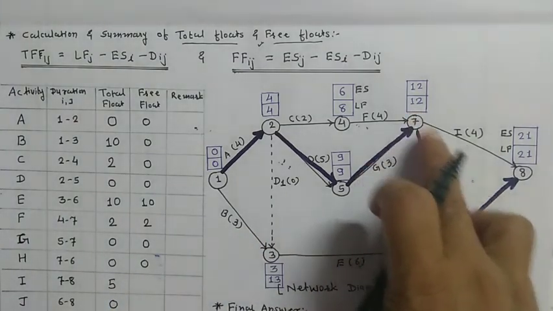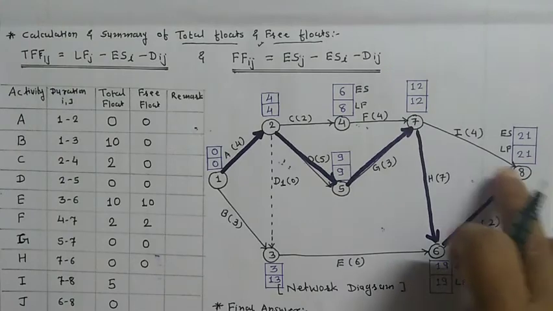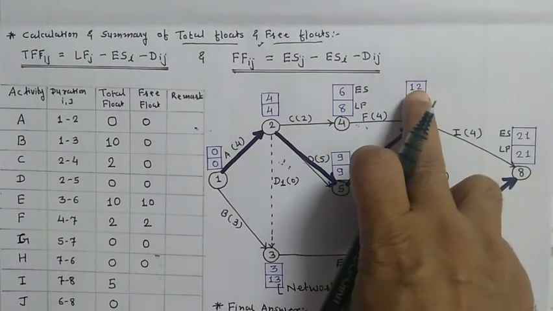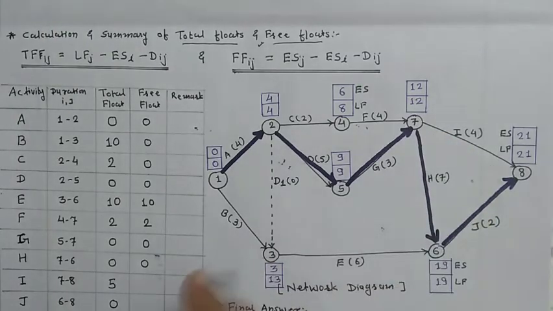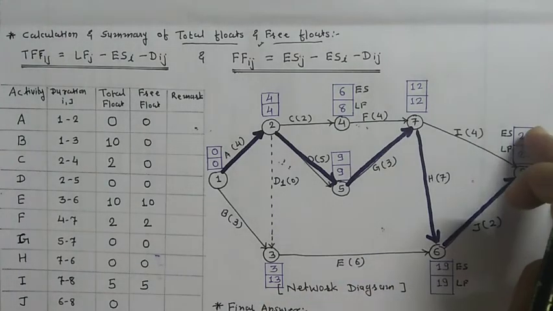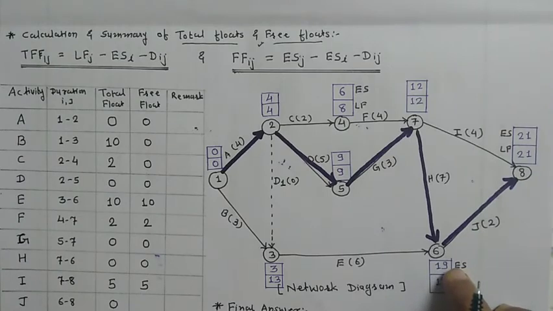Now 7 to 8, 21 minus 12 minus 4 is equal to 5. And for the last activity, that is 6 to 8, 21 minus 19, 2 minus 2 is equal to 0.